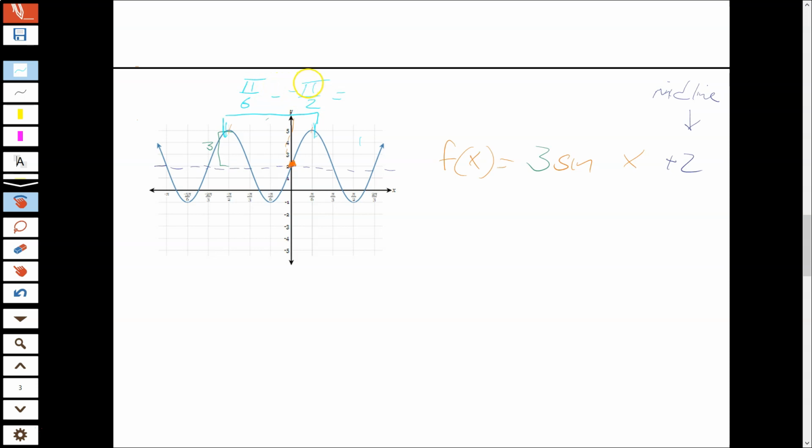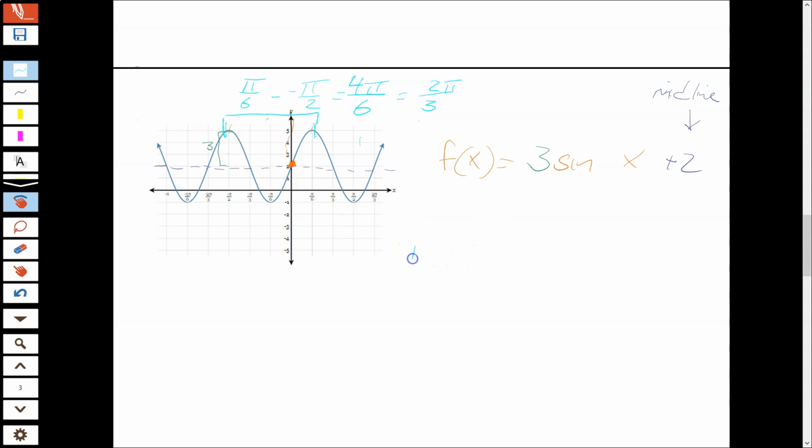And we know that that is the same as 3 over 6, right? So we're going to get 4 pi over 6, which is the same as 2 pi over 3. And that's my period, right? So from peak to peak is 2 pi over 3.